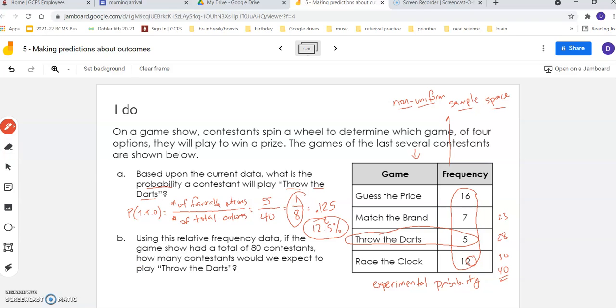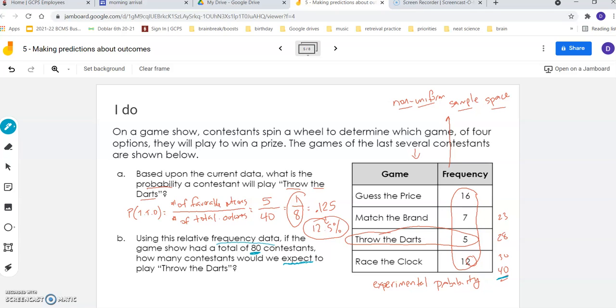Next question, using this frequency data, remember just how many times it happened, if the show had a total of 80 contestants instead of 40, how many would we expect to play Throw the Darts? I love this word expect. In probability, we don't really know, hey, if we did this more, would we get the exact same results?